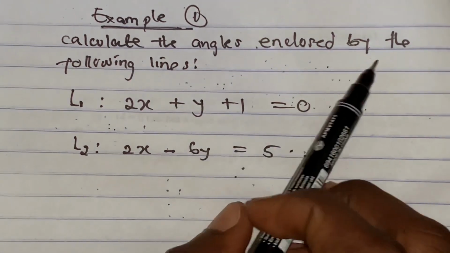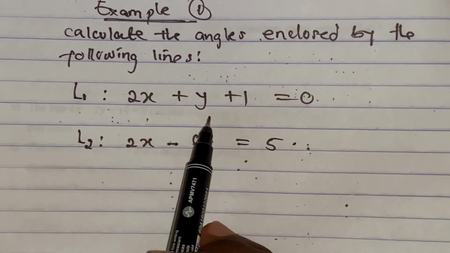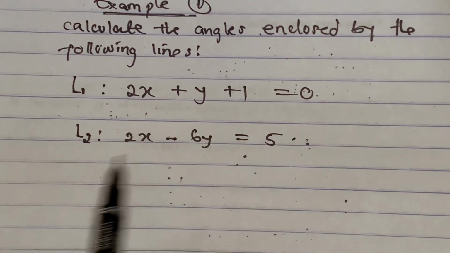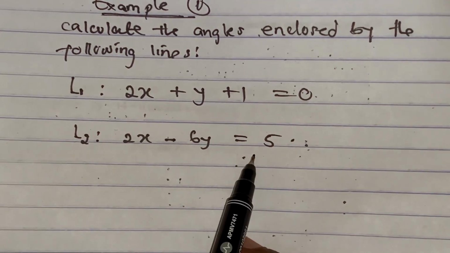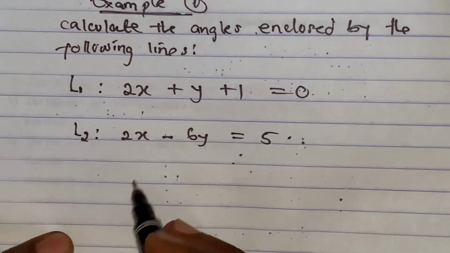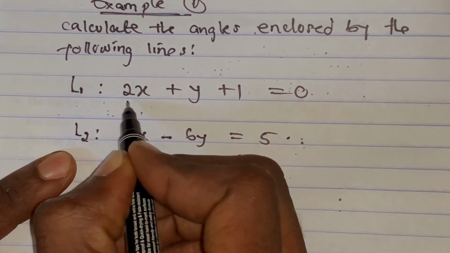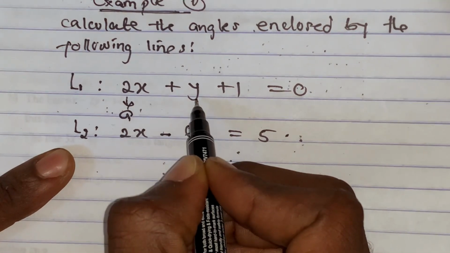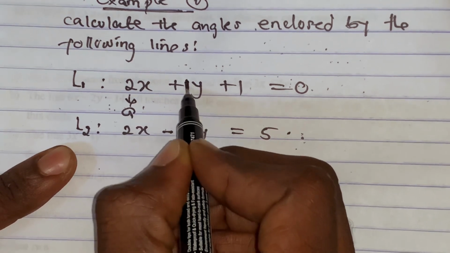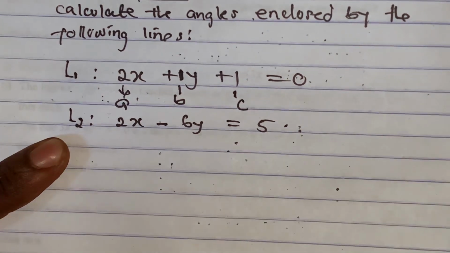Calculate the angle enclosed by the following lines. Line 1 is given as 2x plus y plus 1 equals 0, and the second line, L2, is given as 2x minus 6y equals 5. So now, from the first line, the coefficient of x is a, and the coefficient of y, which is 1, is b, and 1 is c.